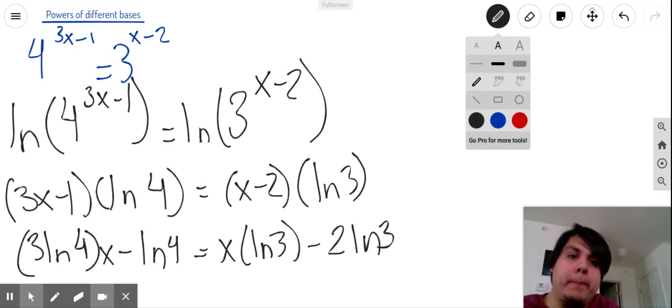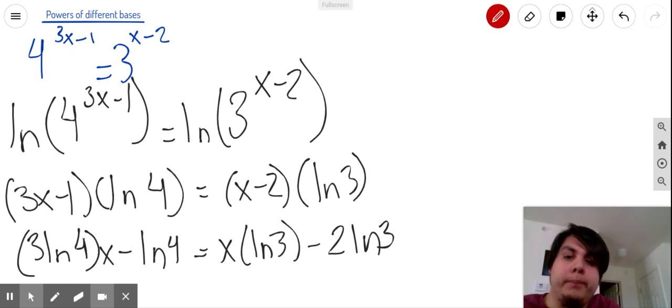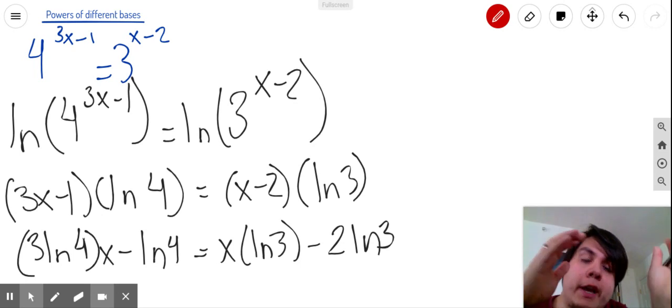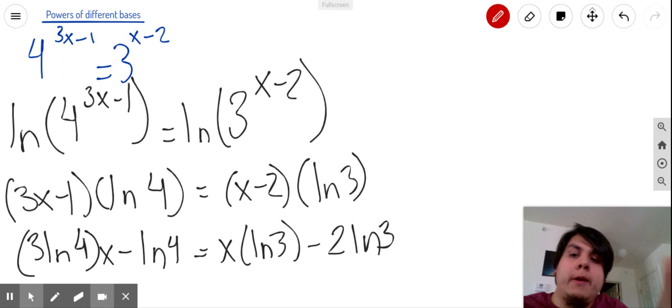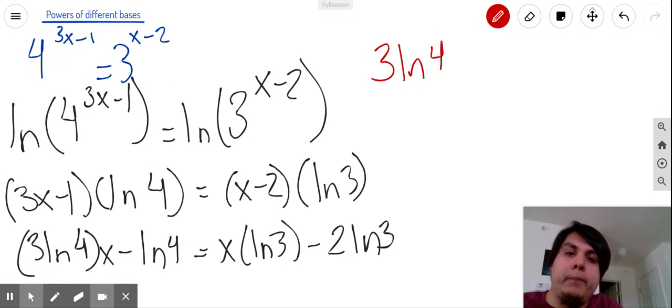So let's change up color. So if I group everything with an x on one side of the equation and everything that does not have an x to the other side of the equation, I could have 3 natural log of 4 times an x, right?